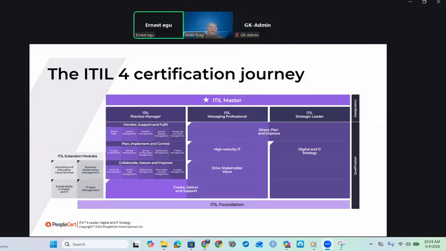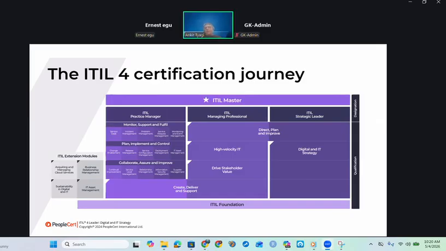We do have different levels for version 5, but that has not been launched as of now for the public. So it's still in the beta process, I would say. They are just refining and updating the information as of now for all the certifications. And once it is out, that is when we can do it. Now, that does not mean that these certifications go to waste. Why do I say that? Because there is going to be a certification within ITIL version 5, which is called ITIL Transformation.